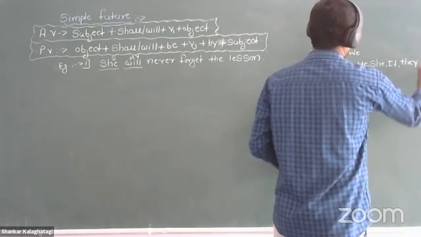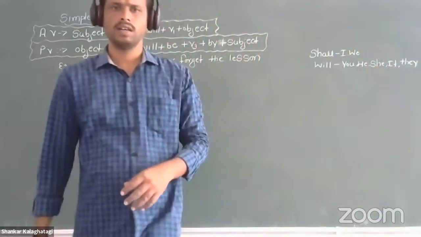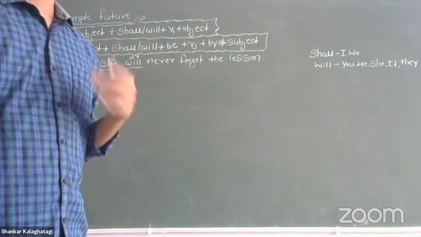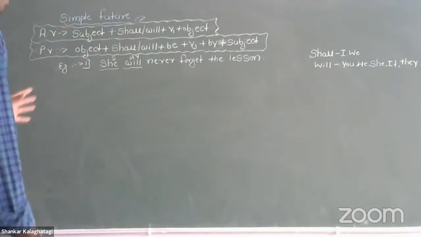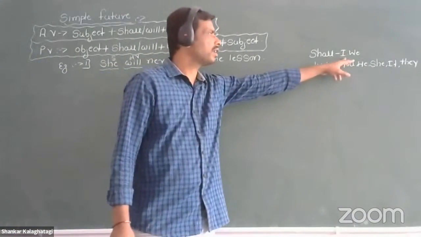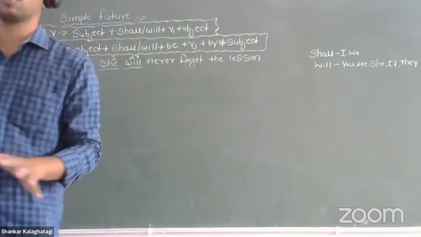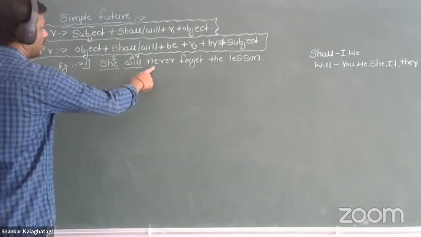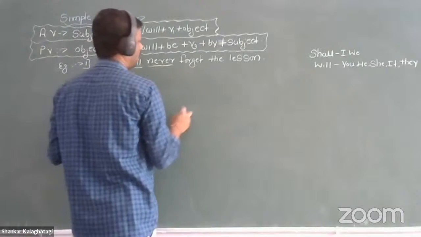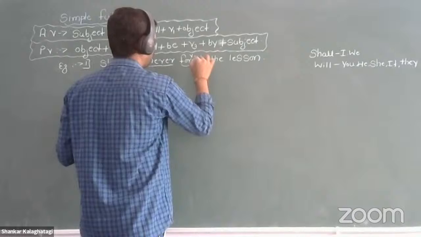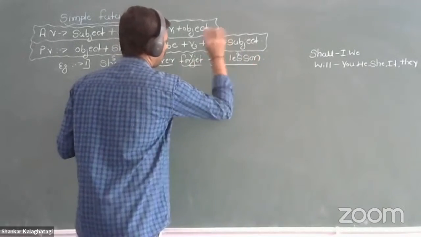In modern English, we will use will for all personal pronouns, will for I also. That's also right. But we will follow the older one, that is shall especially for I and we. Now never is the thing added. Forget is the main verb. The lesson is our object.